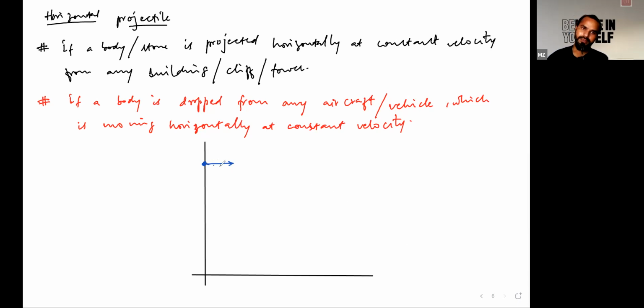So its path will change like this, and it will fall at this particular point. This is the horizontal velocity along the x-axis, but at each point it is acted on by gravity vertically downward. So its motion is along both the y-axis and the x-axis.